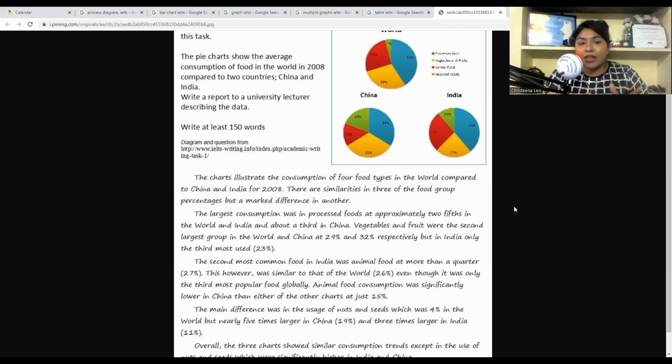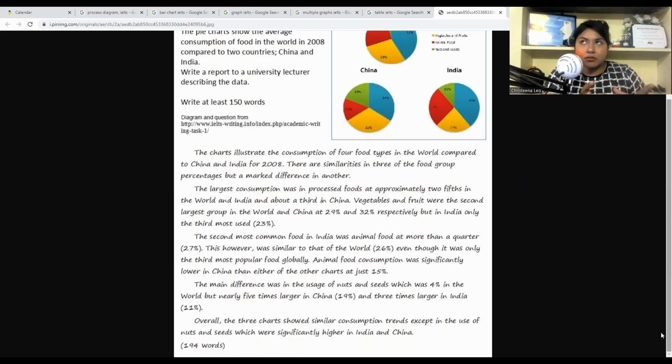So you won't really have any numbers or data inside the overview paragraph. You'll just have a very short paragraph about what these maps or charts talk about. And then you'll have a first and second body paragraph where you'll describe those in detail. So you'll make comparisons. You'll talk about the important trends, which is the highest and which is the lowest, and so on.